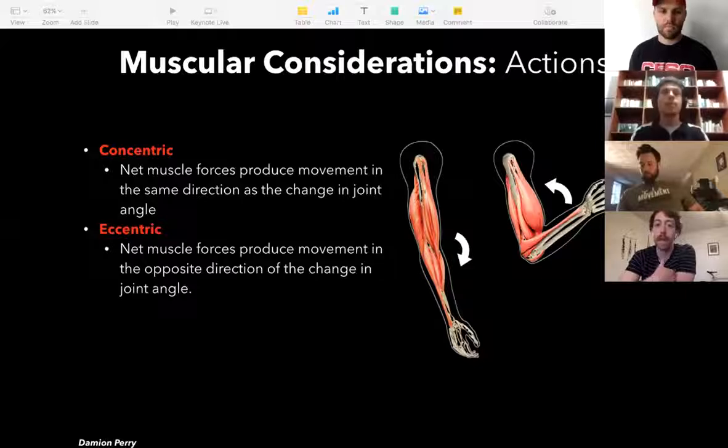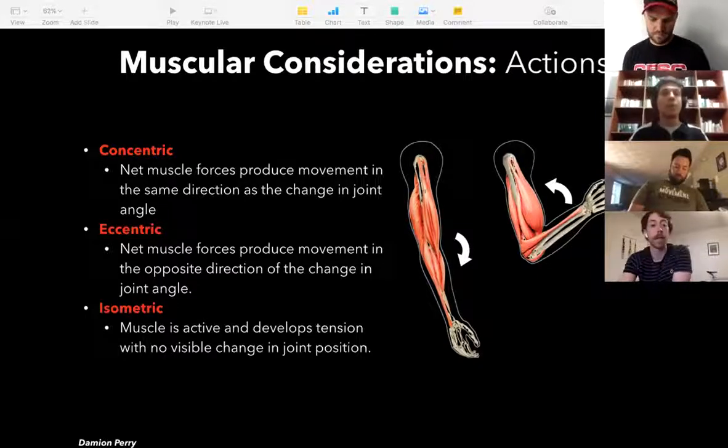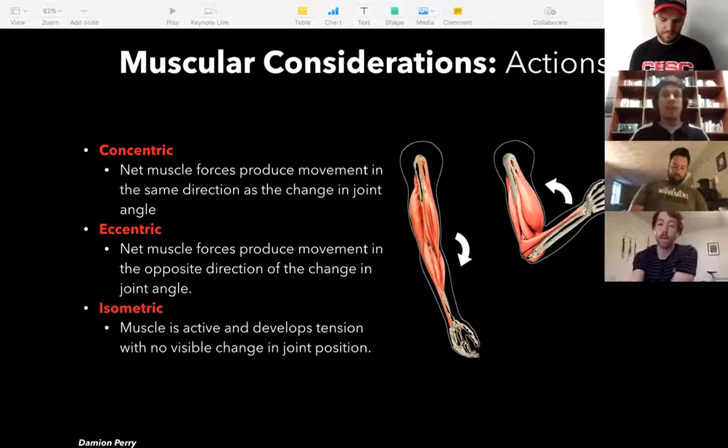Your bicep is now working eccentrically to help control that dumbbell back to your side and help you get the pump. And lastly, the isometric action is just when the muscle is active and develops tension with no visible change. Maybe you do a bicep curl but stop three quarters of the way up and just stare at your biceps and see your veins blasting through your arm. That's the isometric pause in any sort of exercise that you would typically do in the gym.